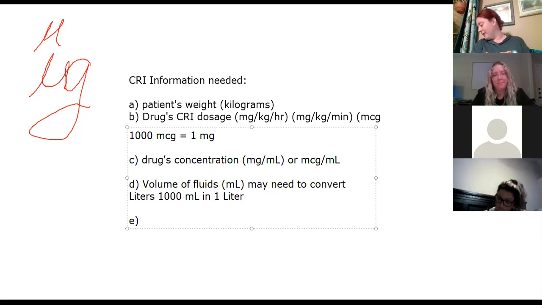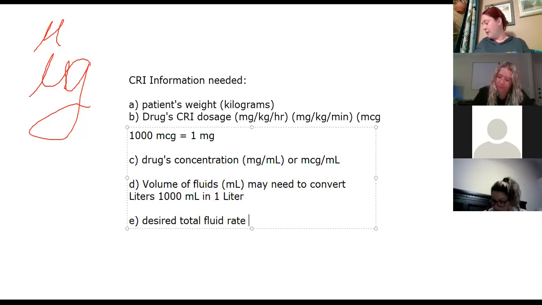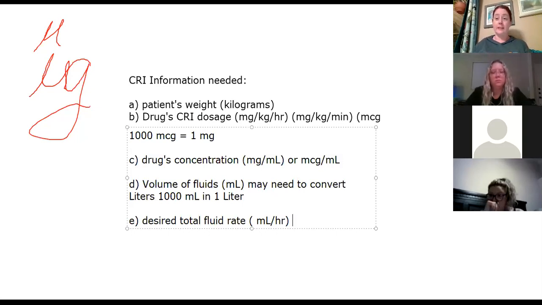This is going to be the desired total fluid rate. And so this will usually be showing up to us in mils per hour. And then there are a couple of different ways that we can calculate these out.